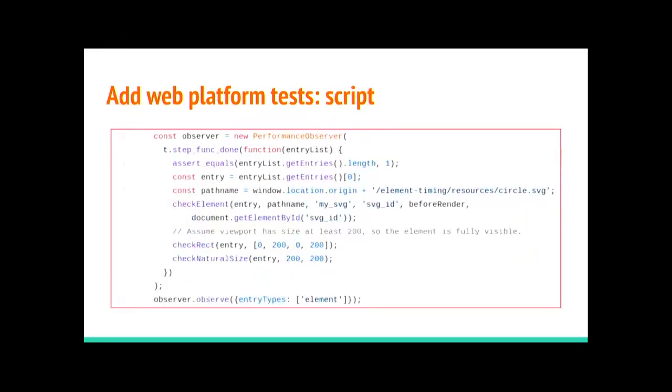And then comes the core part of the test, which is using the performance observer to obtain the rendering timing of that image. And then inside the performance observer, you have a callback, and in that callback, you do some assertions to check some of the properties of the information that you received.